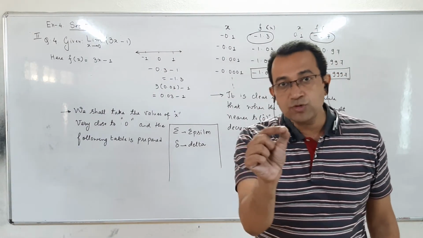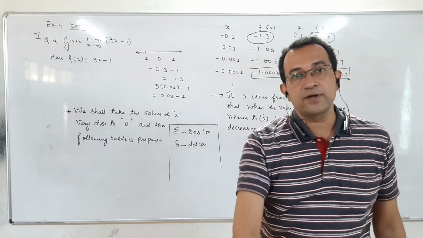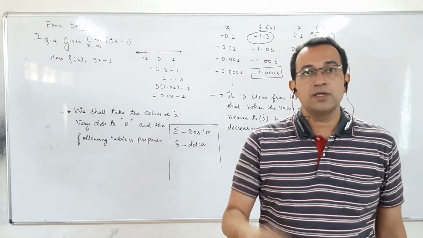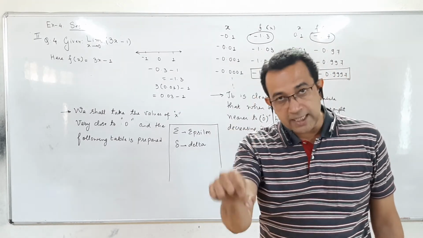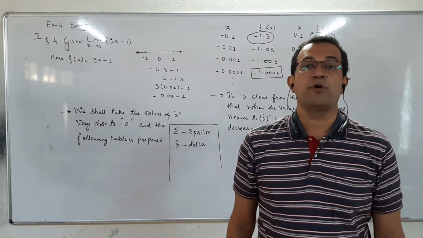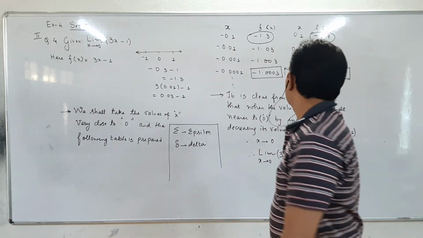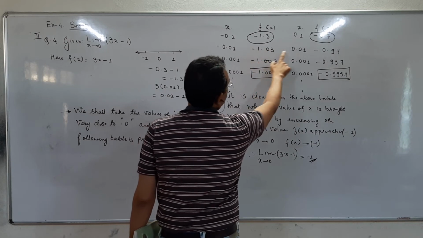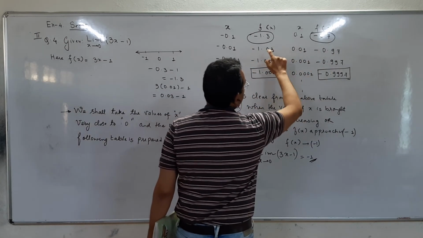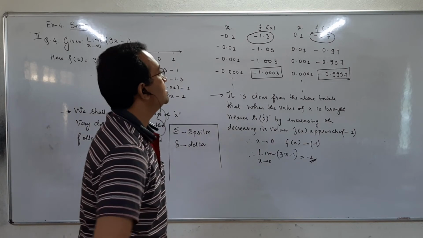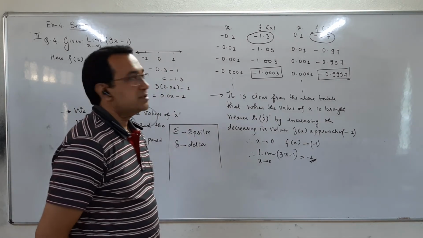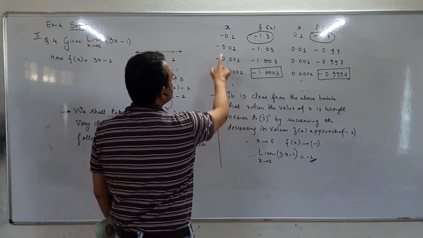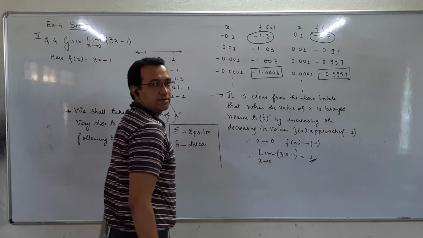So what we have to remember, that if my epsilon is 0.3, then delta has to be 0.1. Now here minus 1.03 and minus 0.97, so epsilon is 0.03. Then delta has to be 0.01.